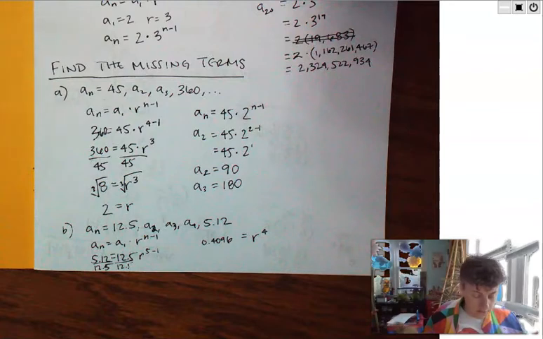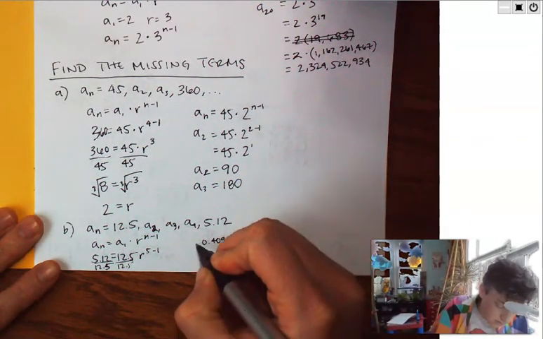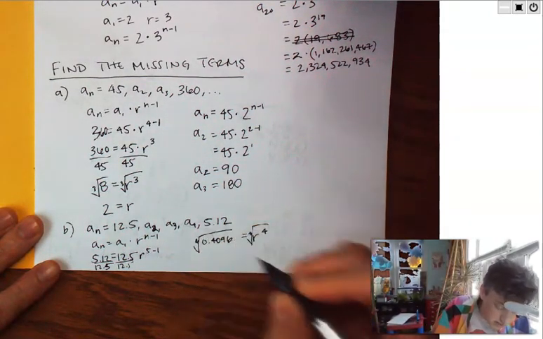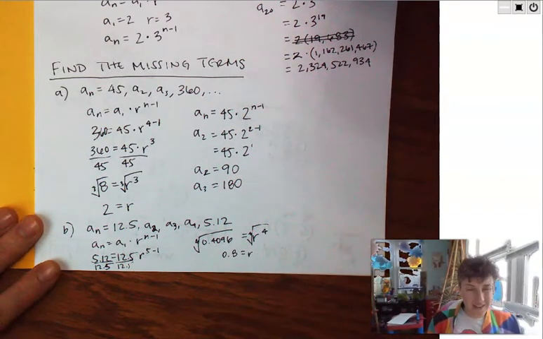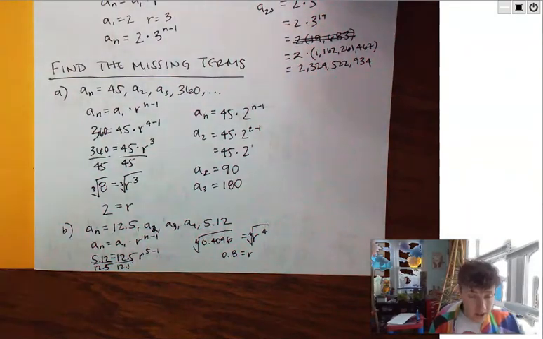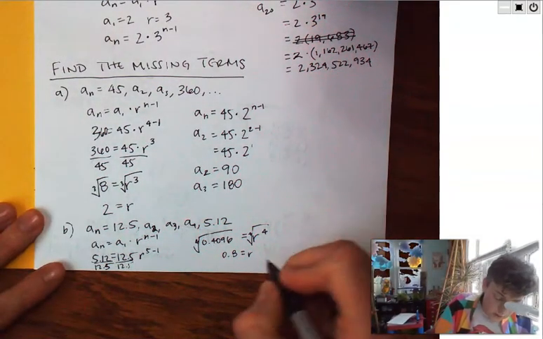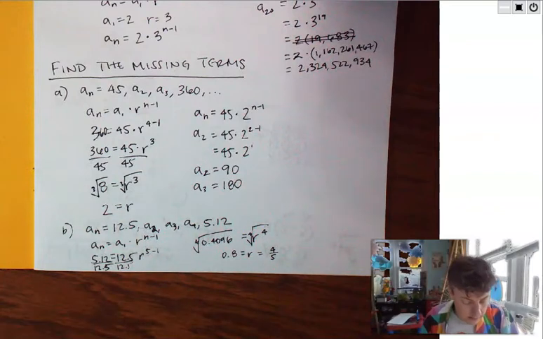Okay, doing fine. We're going to 4th root both sides. And we're going to get 0.8 equals r, which you can leave as a decimal if you want. You can also recognize that that's a pretty common fraction of 4/5. And, you know, either one's cool here.